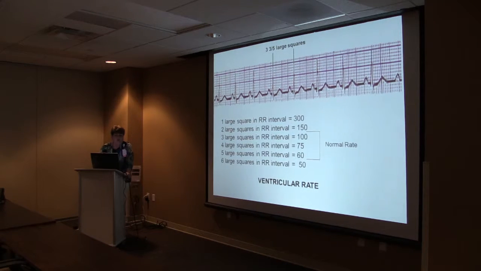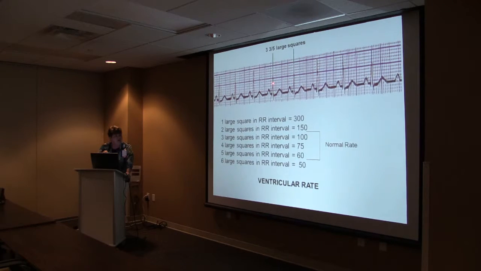Now notice a normal heart rate is between 60 to 100. So we write off, if you have between 3 and 5 large squares, your rate's going to be in the normal sinus rate.